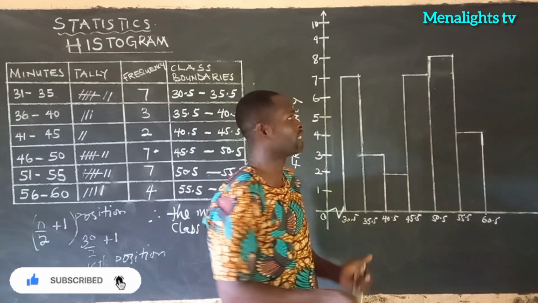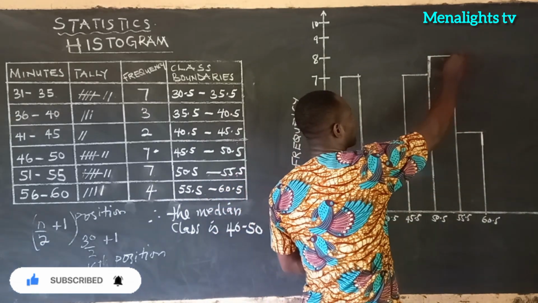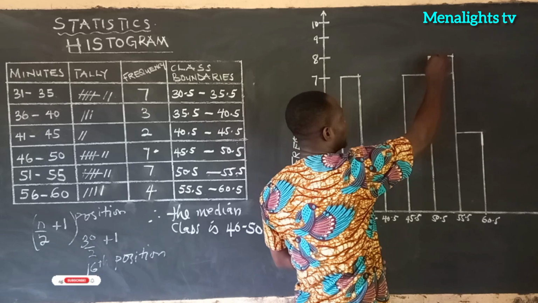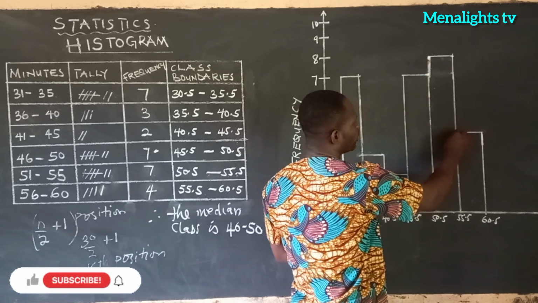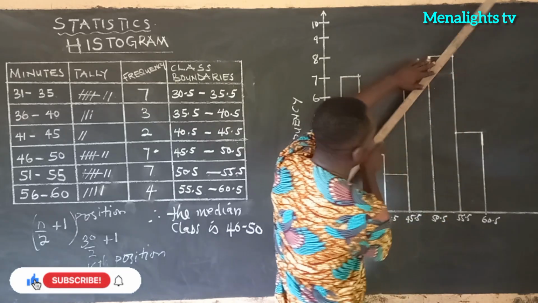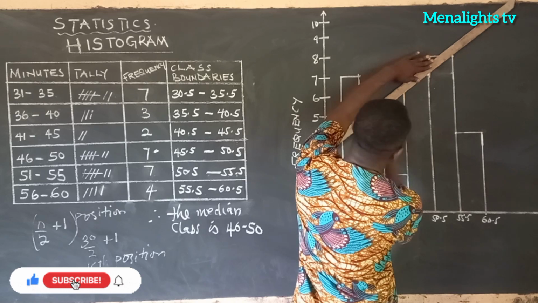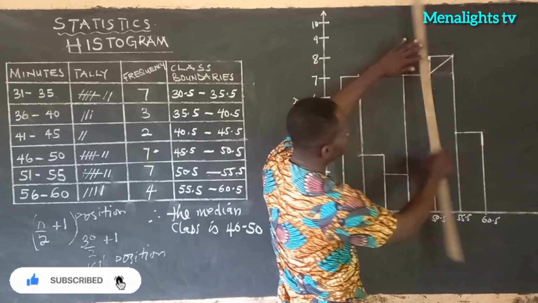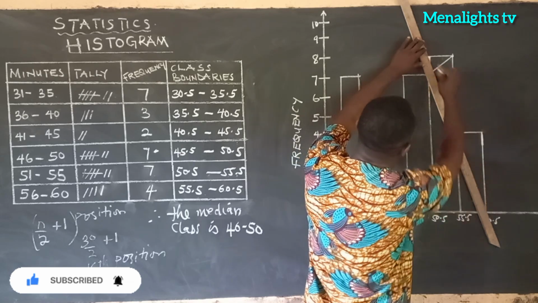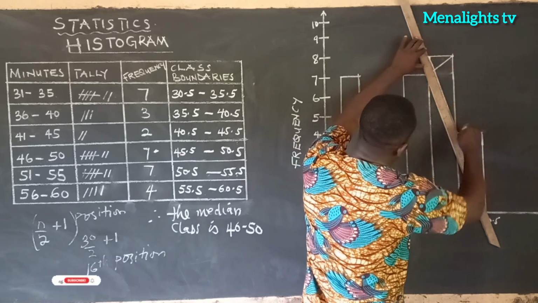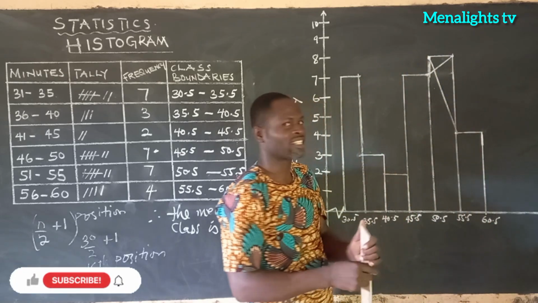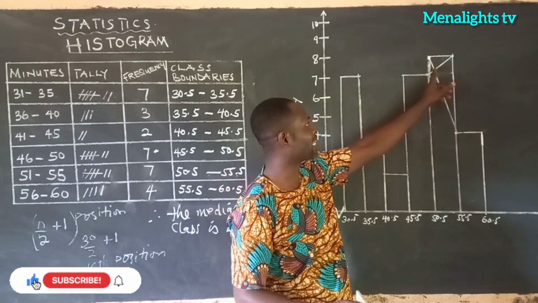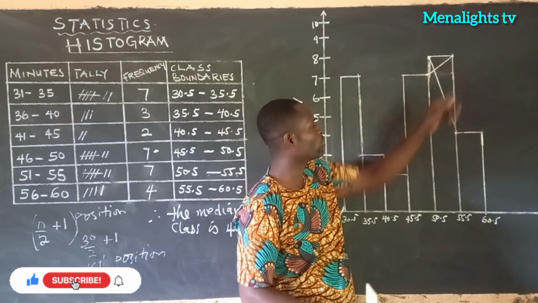So what we have to do is join from this diagonal to this one and join from here to this one as well. So this is how it will go. We join to this side and then join this one as well. Then after that, you have to locate the point of intersection of these two.